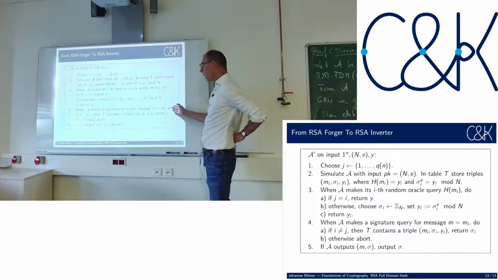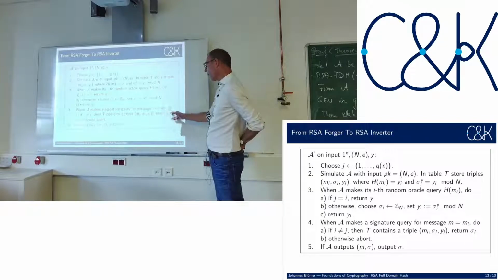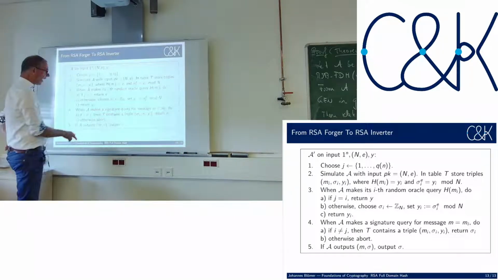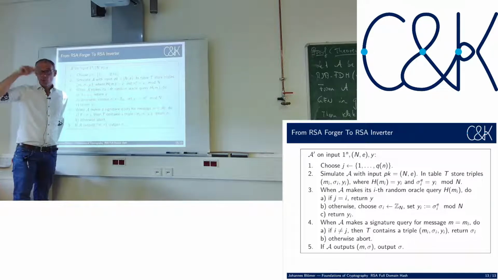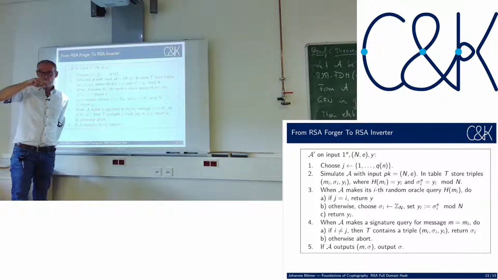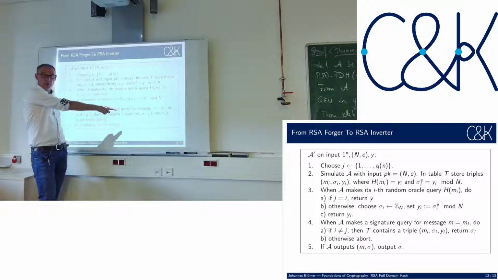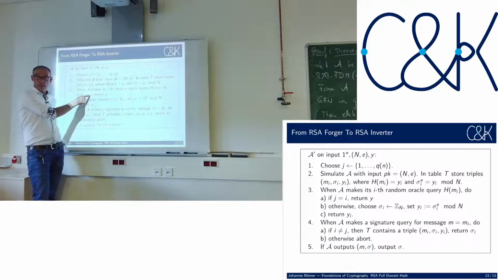Then when A makes a signature query for message m equal to mi, if i is not equal to j, then, recall, when A asks for a signature query, it has already asked the hash query. So T already contains a triple mi, sigma i, yi, because this hash query has been done.